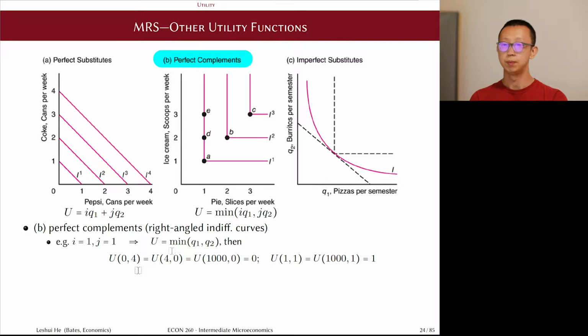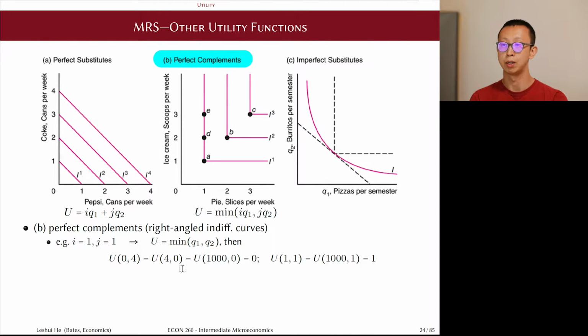So if you take the example of ice cream and pie, then if the consumer has no pie and 4 units of ice cream, or 4 units of ice cream and 0 units of pie, or 1,000 slices of pie and no ice cream, or the other way around, the consumer will just have 0 units of utility. Why is that? If you take the minimum between 0 and 4, it's 0.